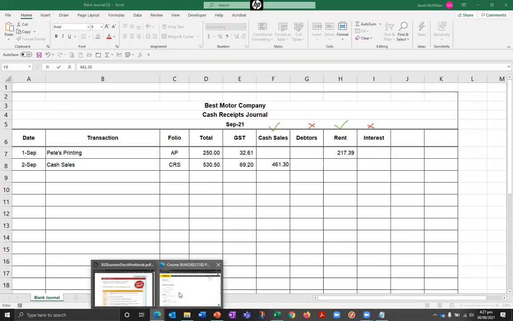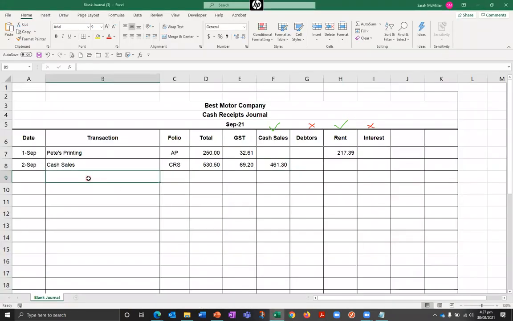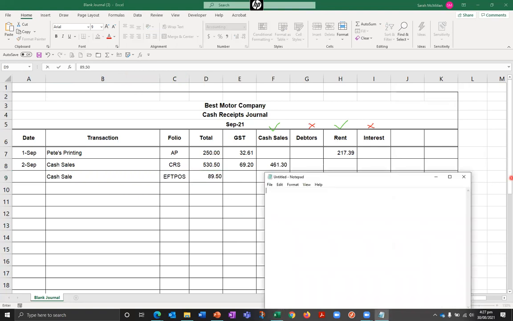Right, so our next transaction is one customer purchased $89.50 of goods and paid by EFTPOS. So it's a cash sale, because remember, an EFTPOS transaction is one transaction only. $89.50. Work out the GST. This one, it's $11.67.